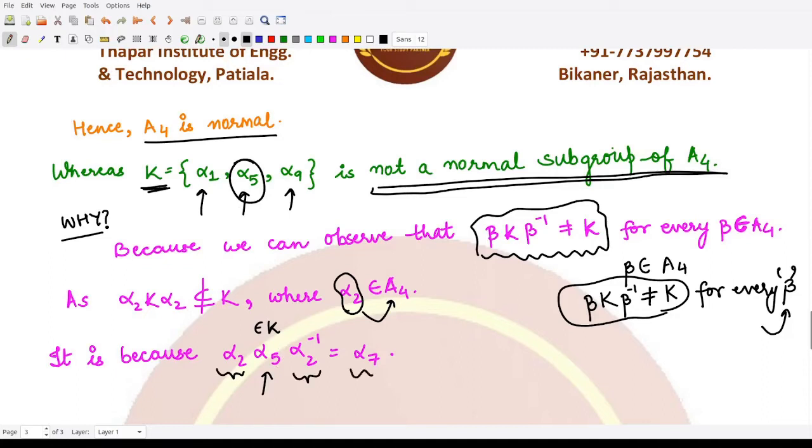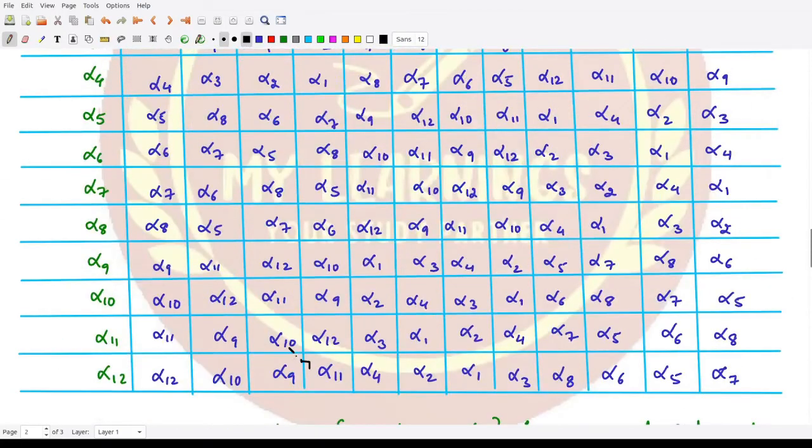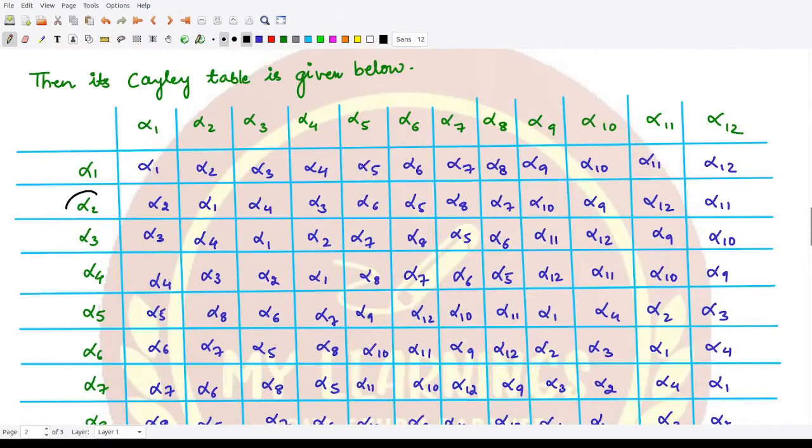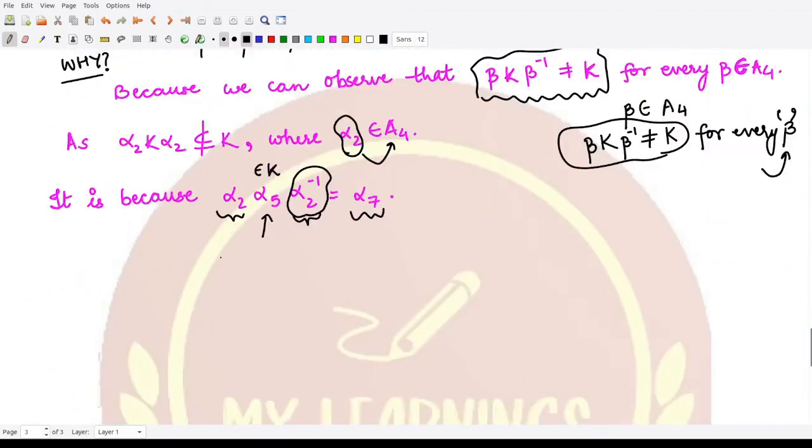How do we get the inverse of alpha 2? We can have a look at our Cayley table. Here is alpha 2. We get the identity here, which corresponds to alpha 2 here. So alpha 2 inverse is alpha 2 only. So this expression becomes alpha 2, alpha 5, alpha 2.